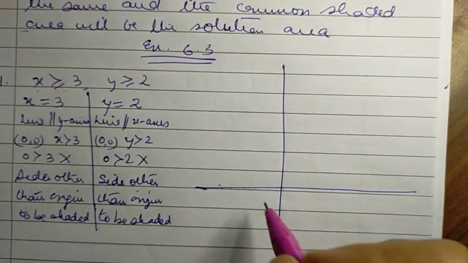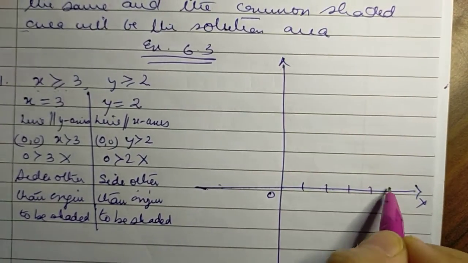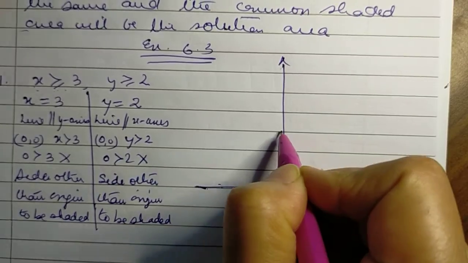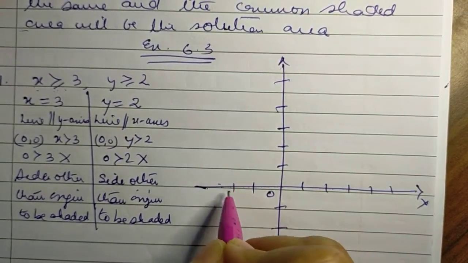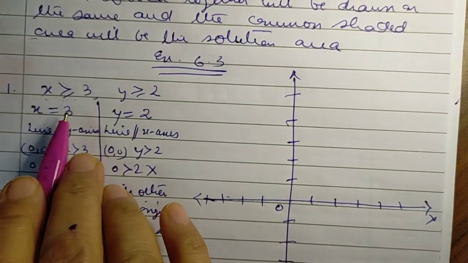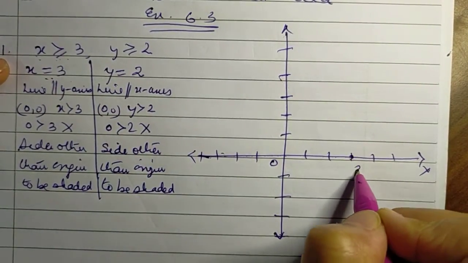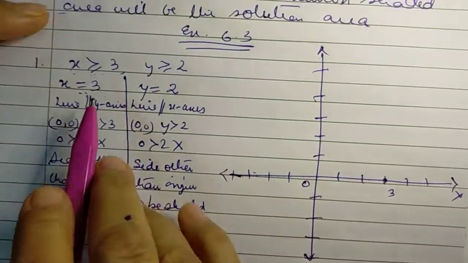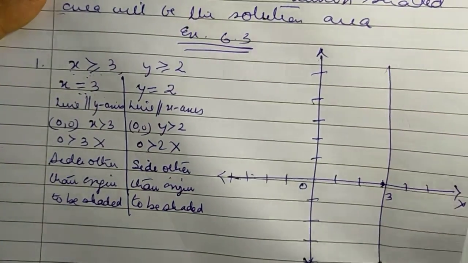Let's draw the xy plane, and we mark the points 1, 2, 3, 4, 5 on each axis, like this. Now x equal to 3 is a line passing through 3, and since it is a slack inequality, we will draw a bold line.